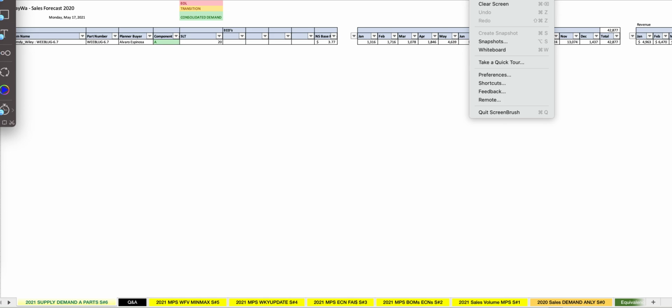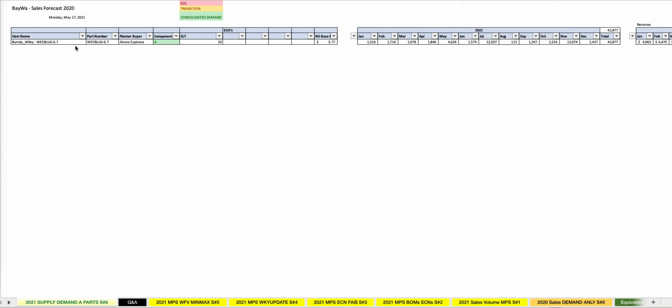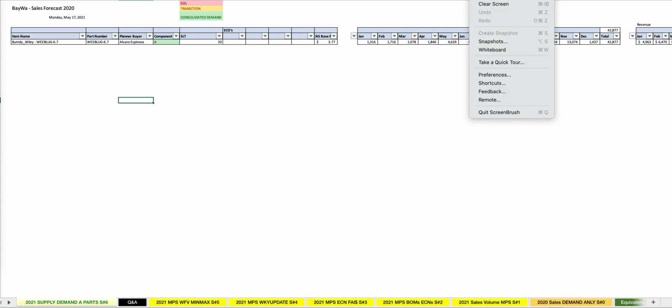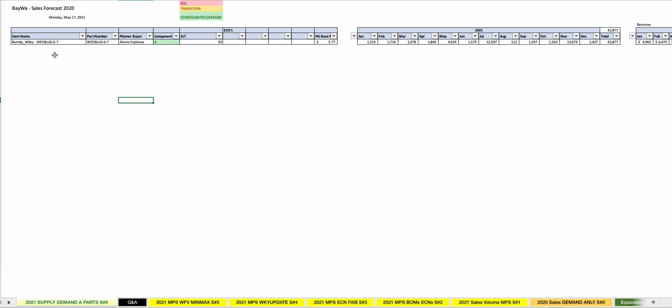that you do is you need to make sure that all the A parts have a planner that takes care of the component.